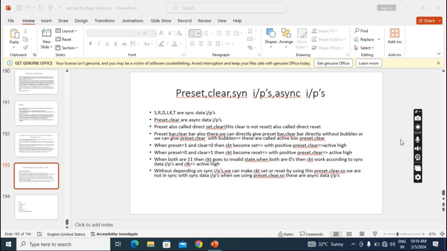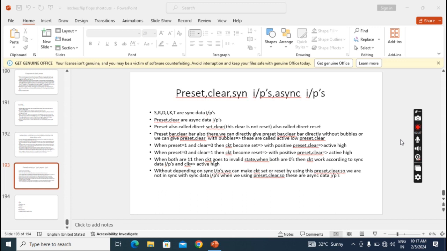Okay, suppose when we want to allow the circuit to work with synchronous data inputs and clock, then we have to make preset and clear both zeros. Okay, with positive logic only. Okay, so here we can make the circuit set and reset without depending on, or without syncing with, synchronous data inputs like SR, D, JKT.